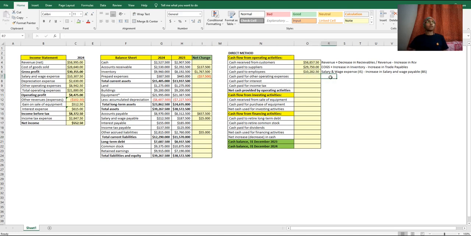So this formula is given by other operating expenses minus decrease in prepaid expenses. That is the magnitude of decrease in prepaid expenses, minus increase in other accrued liabilities.